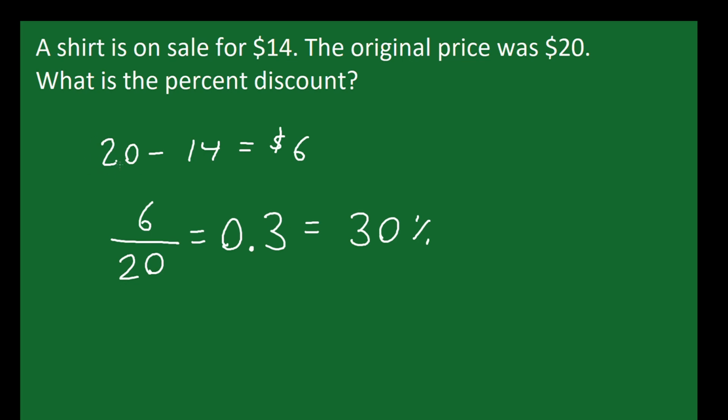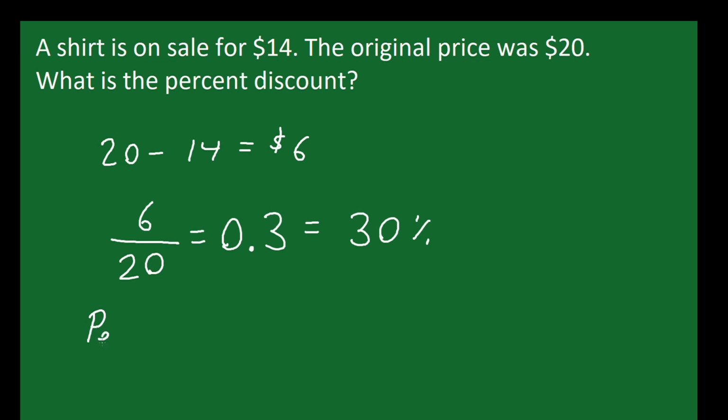So there was a $20 shirt, there was a 30% off sale, now it's worth $14 and you save $6. That's the idea of what's going on here. So again, what we did was we divided the difference between those two by the original amount.